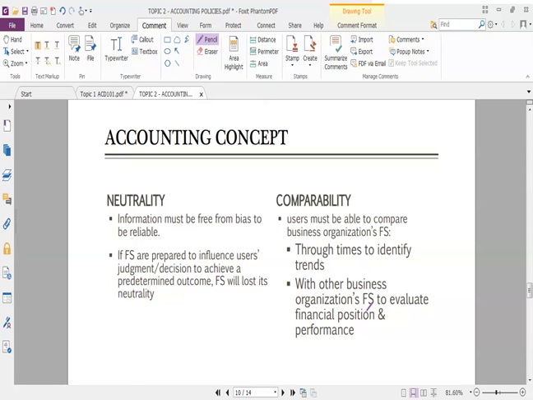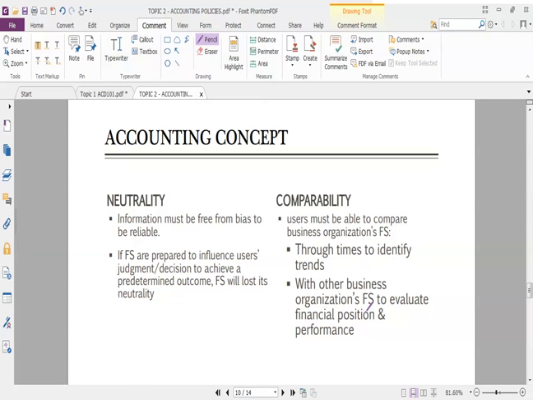In order to compare your business in the same industry with other businesses, which is more profitable, which is more stable, you use the financial statement information.